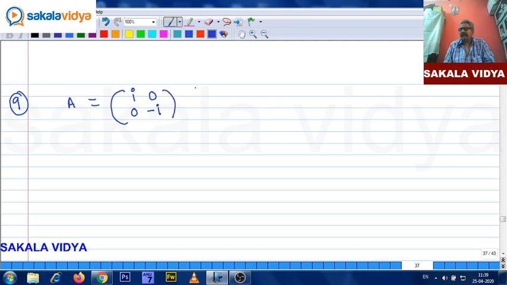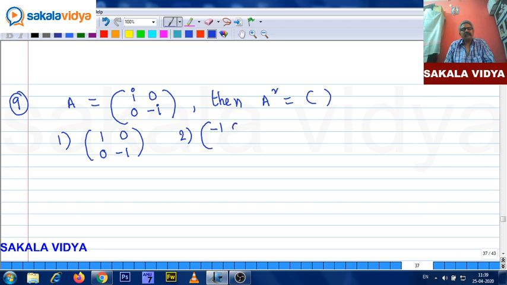Then A square equals to: first option 1 0 0 minus 1, second option minus 1 0 0 minus 1, third option 1 0 0 1, fourth option minus 1 0 0 1.